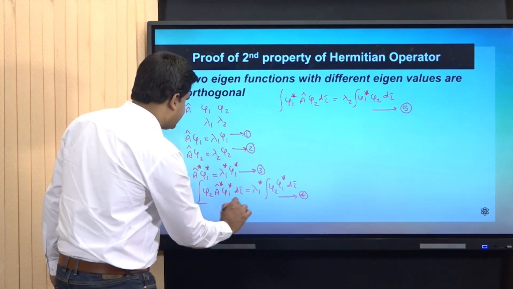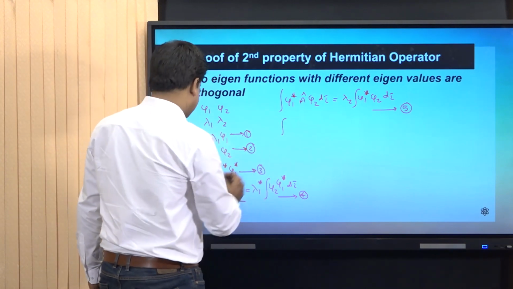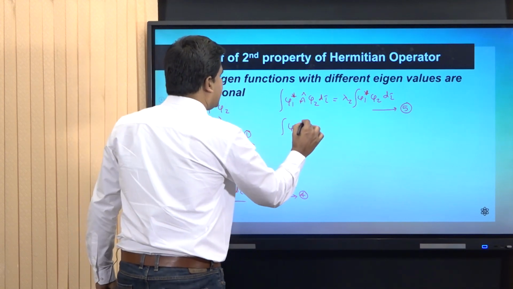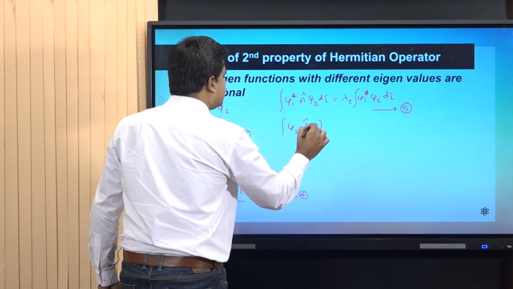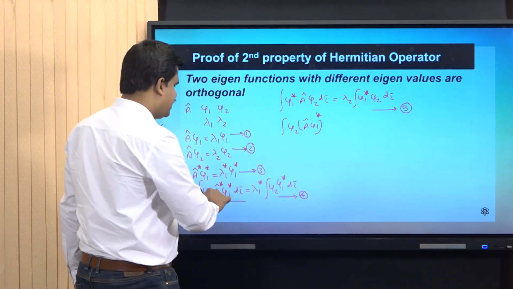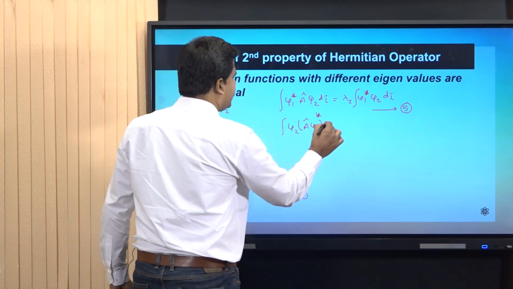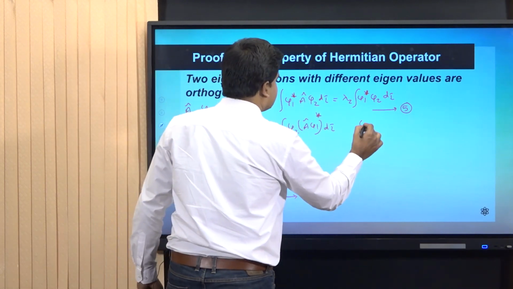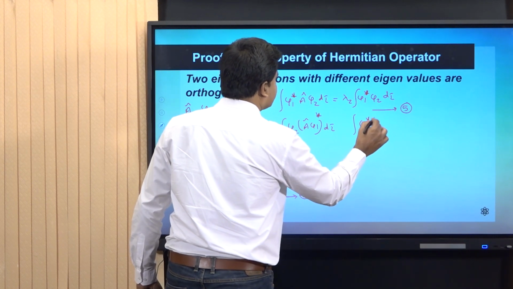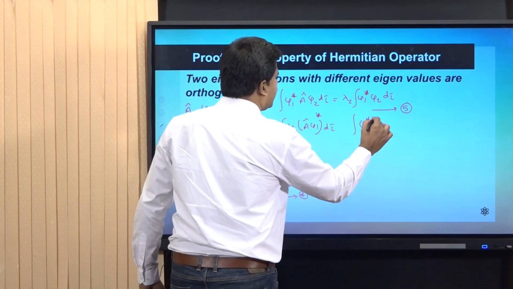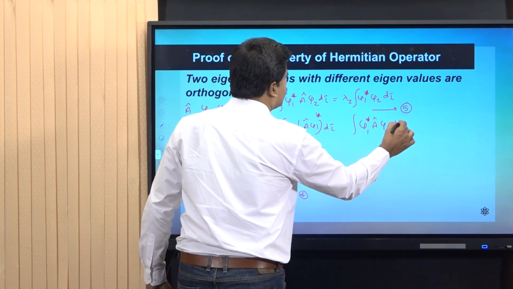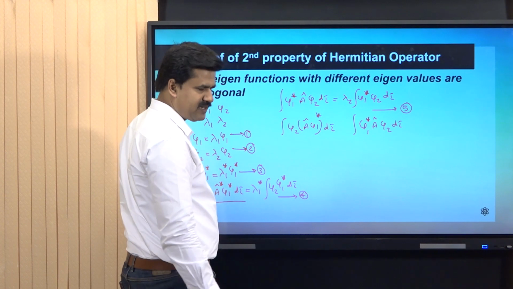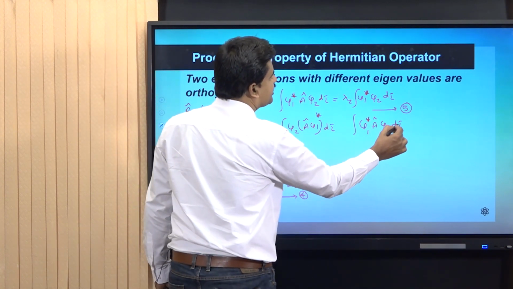The LHS of equation 4 is the integral of psi 2 A hat psi 1 the whole star d tau, and the LHS of equation 5 is the integral of psi 1 star A hat psi 2 d tau.